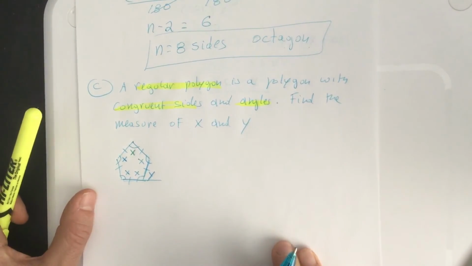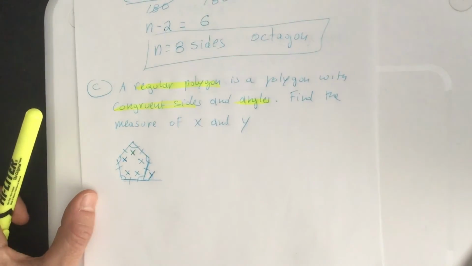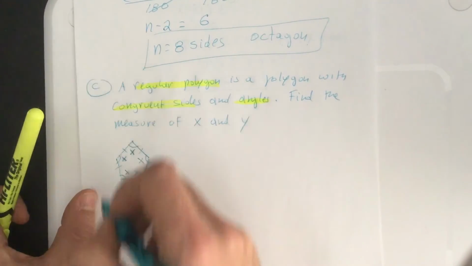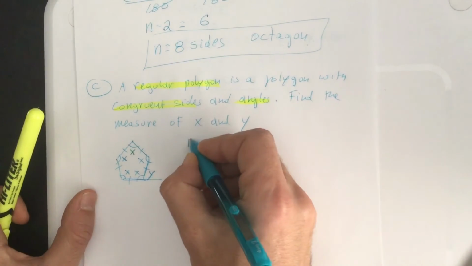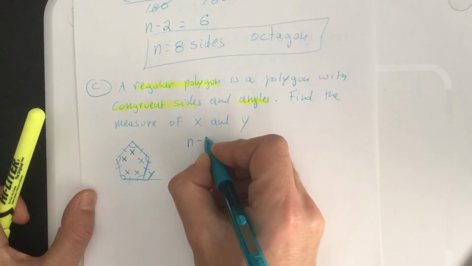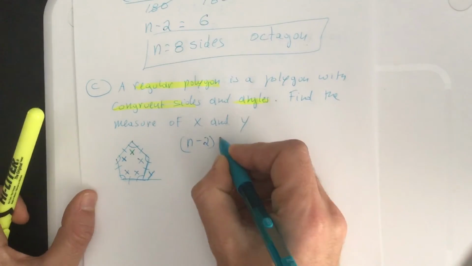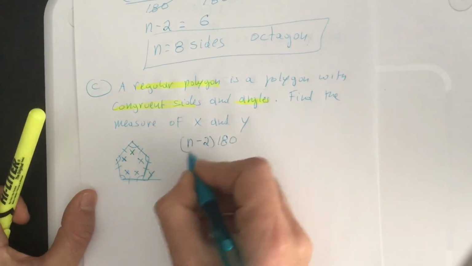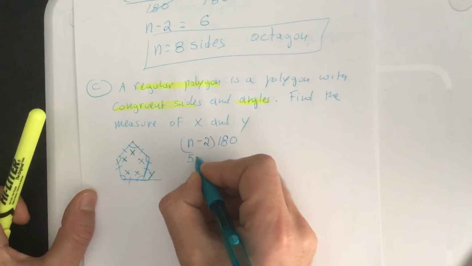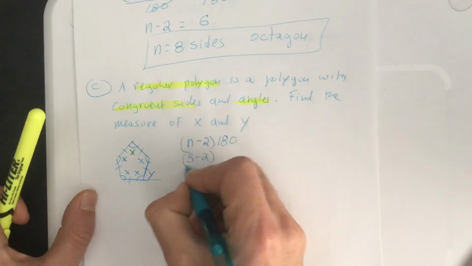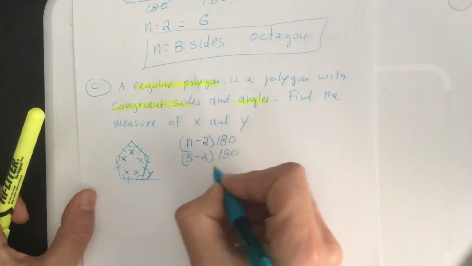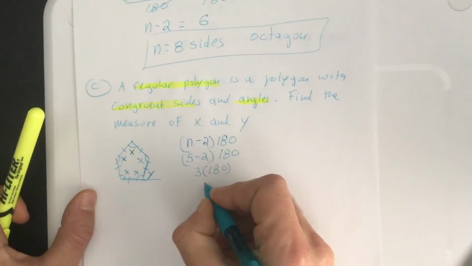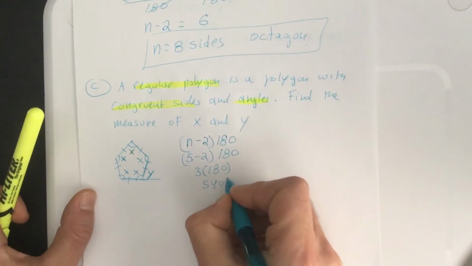Now we need to put it together. First of all, we need to find the sum of all the angles inside a pentagon. We're going to use the same formula, n minus 2 times 180. n is the number of sides, that's 5, minus 2 times 180. 3 times 180 gives you 540 degrees.